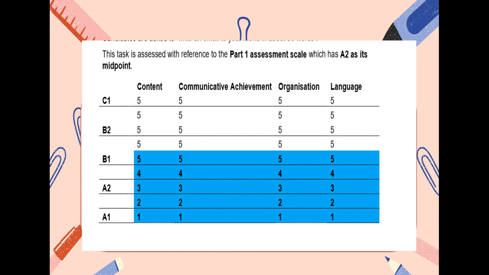There are four sub-skills for writing assessment. The first one is content, 5 marks. Communicative achievement, another 5 marks. Organization, 5 marks. And finally, language is also 5 marks.